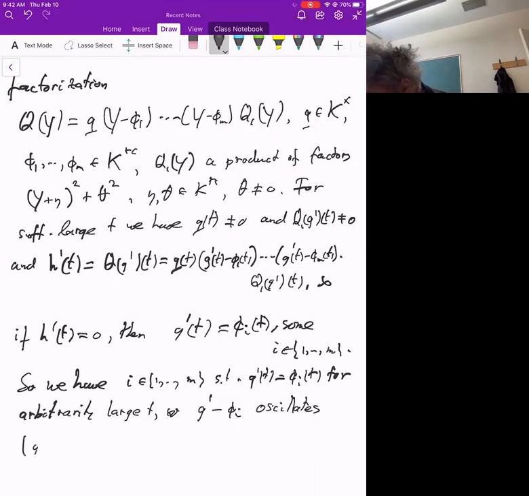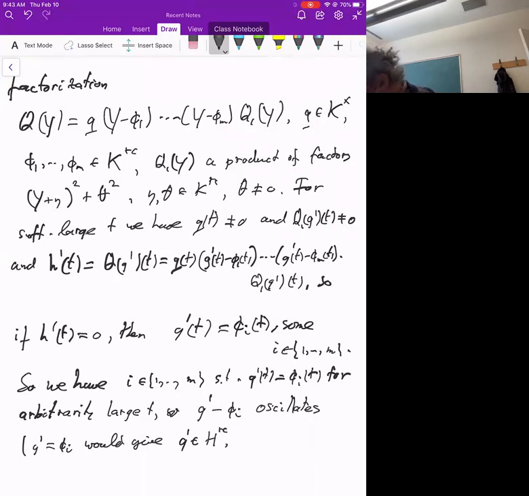Yeah, g prime equals phi_i would give, since the phi_i's are in the real closure, would give g prime in the real closure.